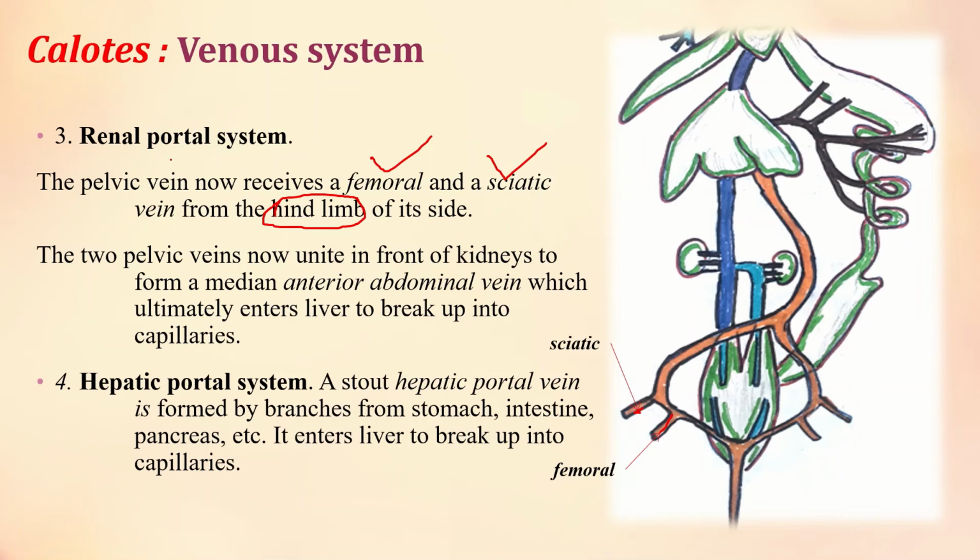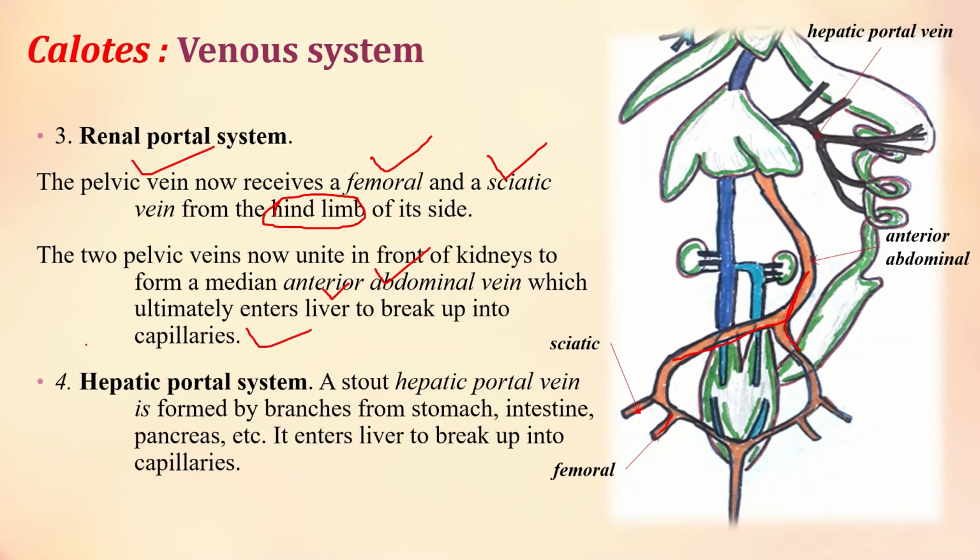These are the branches of the pelvic vein. Again, these two pelvic veins unite and form a common branch, the anterior abdominal vein. The two pelvic veins unite in front of the kidney and form the anterior abdominal vein, and then this abdominal vein enters into the liver to break up into capillaries.